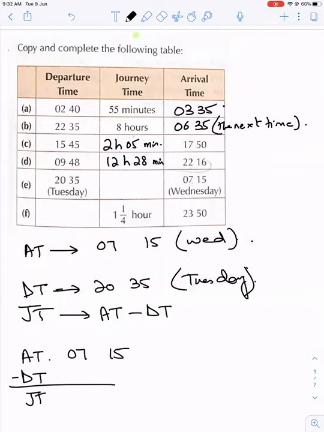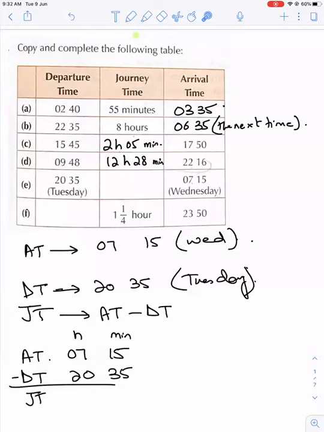7:15 Wednesday is the arrival time and the departure time is 20:35. The problem here is that you cannot subtract 35 minutes from 15 minutes. So you're supposed to borrow 1 hour from the hours column. You'll be left with 6 hours here, and from 6 hours, you cannot subtract 20 hours.